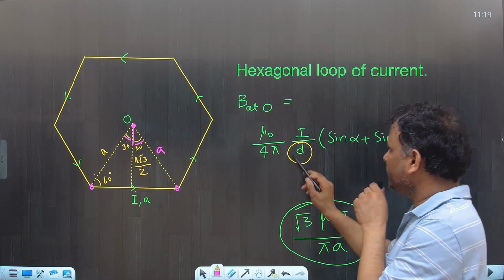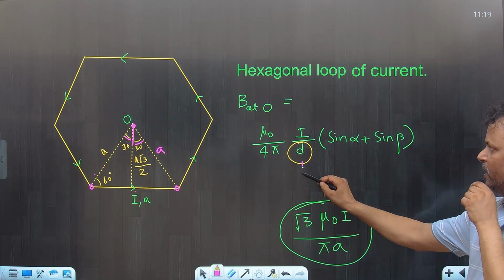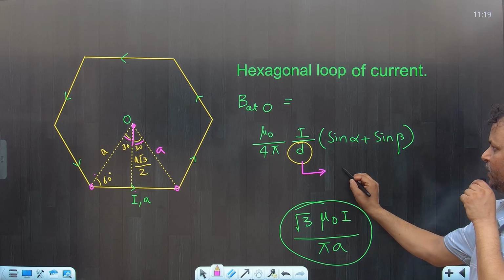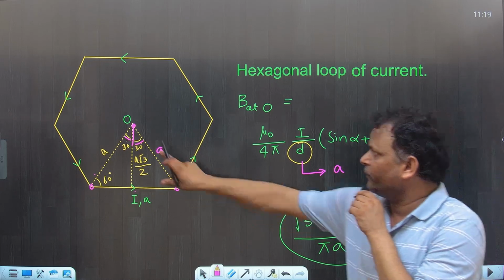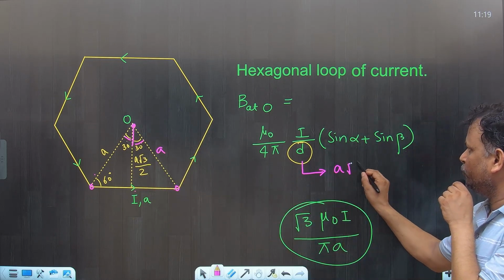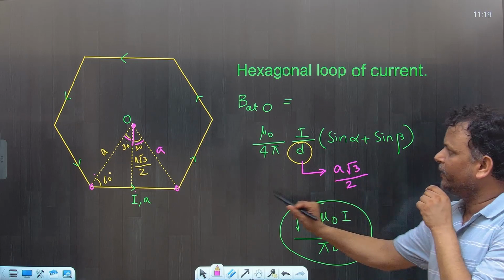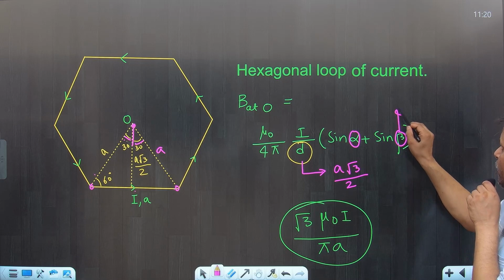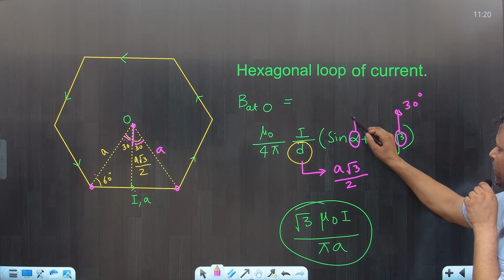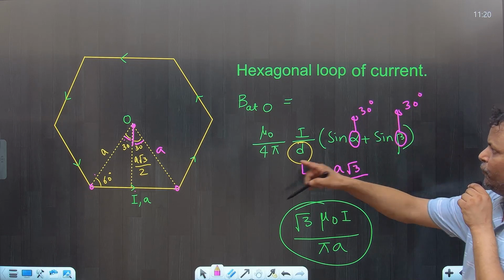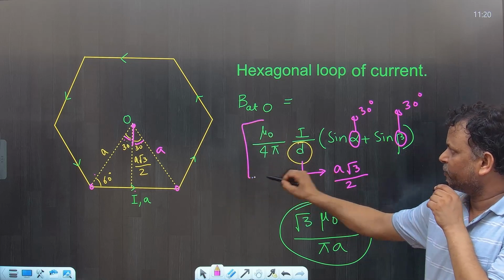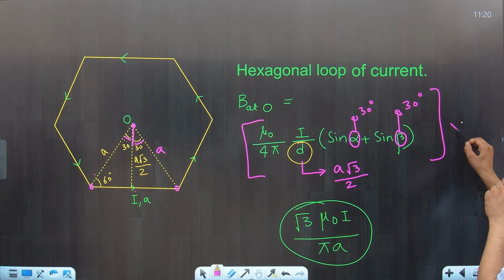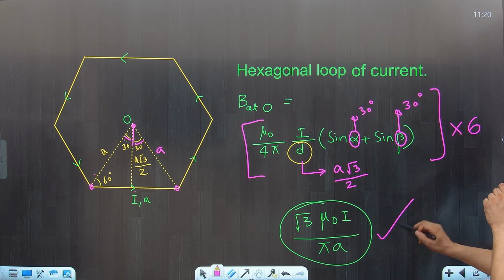So you will write mu naught by 4 pi I by d, and in place of d, you will write the length of this perpendicular, that is A root 3 by 2, and alpha is 30 degrees and 30 degrees. So sine alpha and sine beta are both 30 degrees. This is the magnetic field due to one wire, and there are 6 wires like this, and the magnetic fields will add up, you will get this answer.